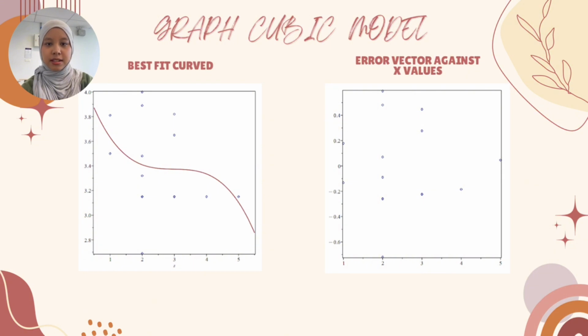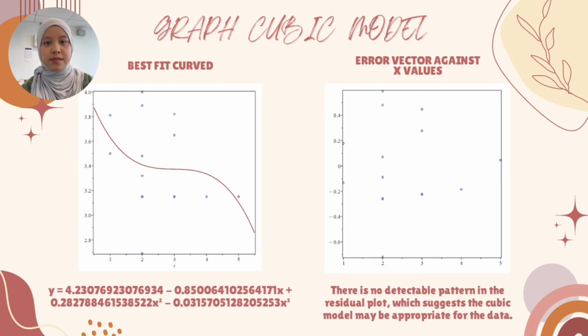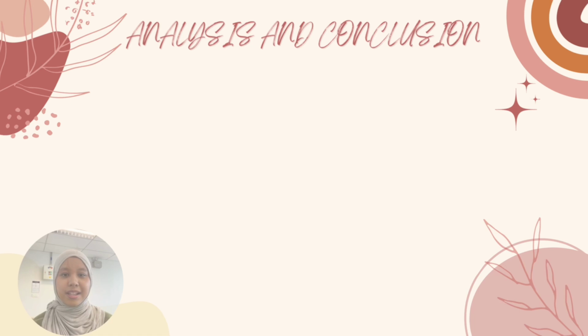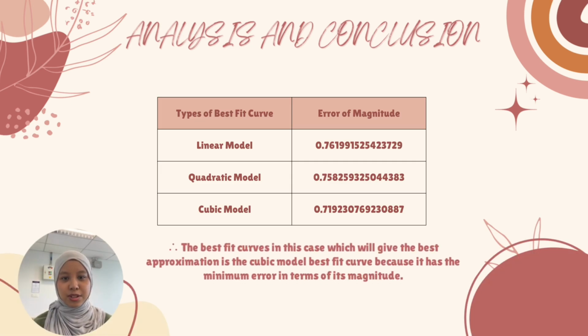And lastly, the graph for the cubic model, the best fit curve graph and the graph for error vector against X value. There is also no detectable pattern in the residual plot, which suggests the cubic model may be appropriate for the data. Lastly, analysis and conclusion.